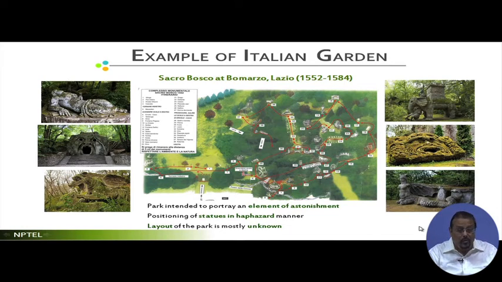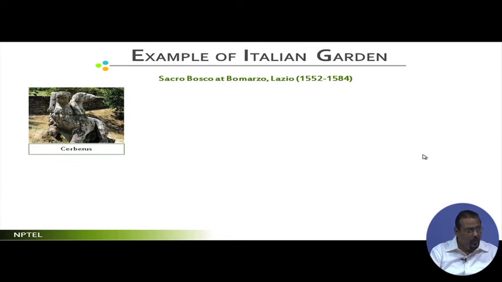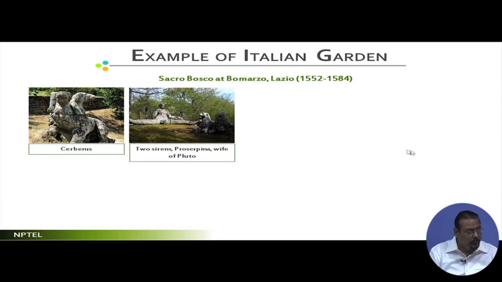So the layout, this is a tourist map from which we have collected. So the actual layout we do not know, but if this is a kind of track where people do move, it simply indicates that it is absolutely haphazard. And quickly going through some of the elements.